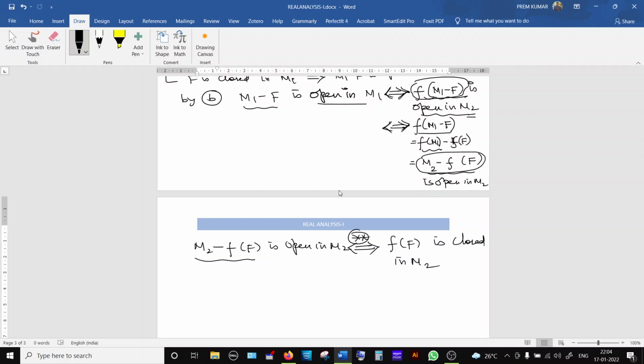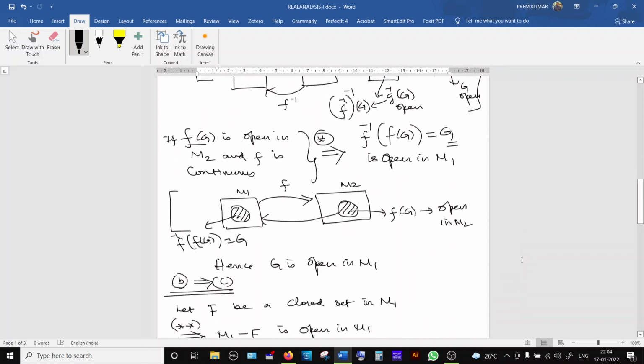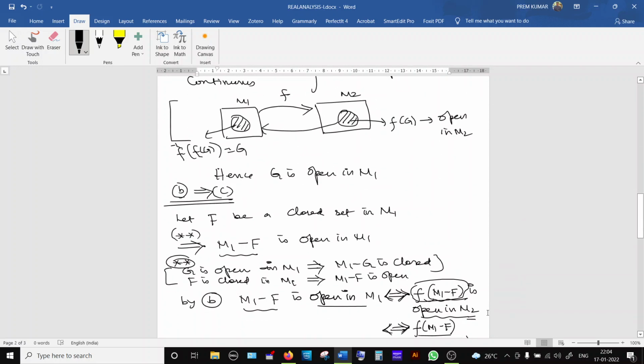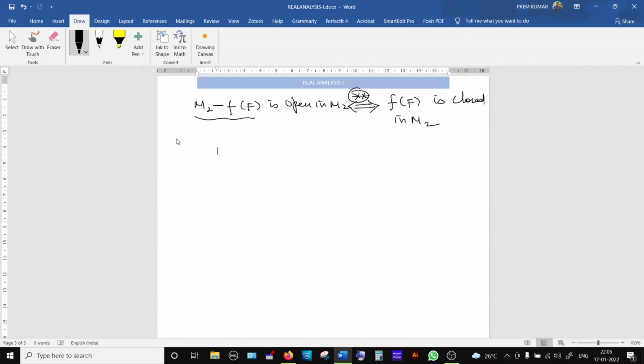So overall all the statements are related by double implications. So we proved the statement B implies C. Now finally the proof of C implies A.